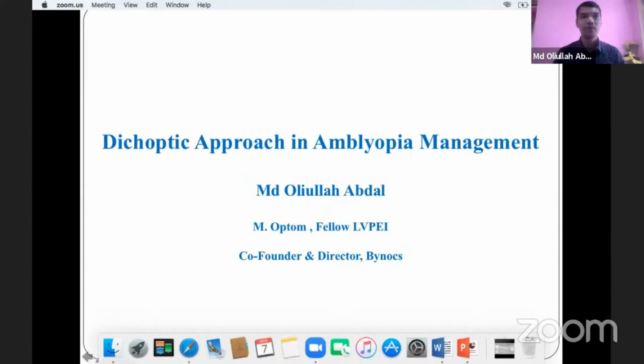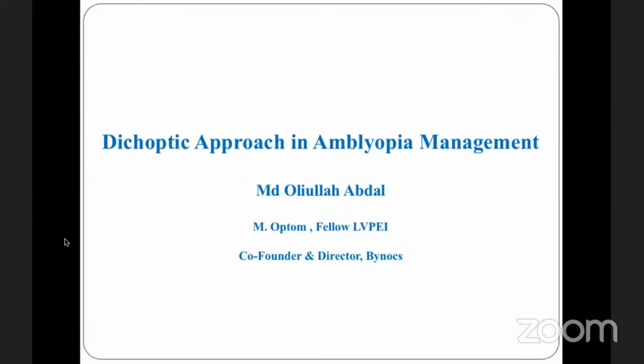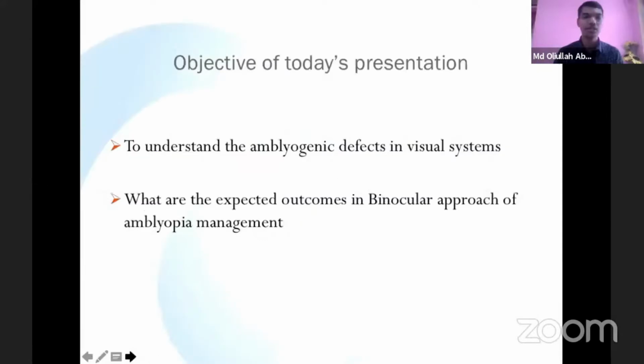So the topic is very common. We'll be talking about amblyopia management. Amblyopia is the first horizon in terms of management, the gold standard still being patching. Here we'll understand it a little differently.